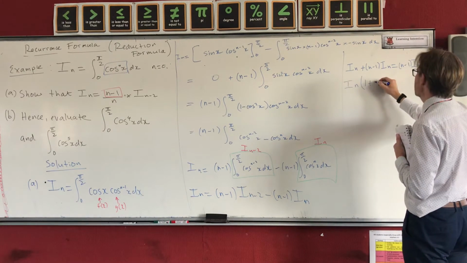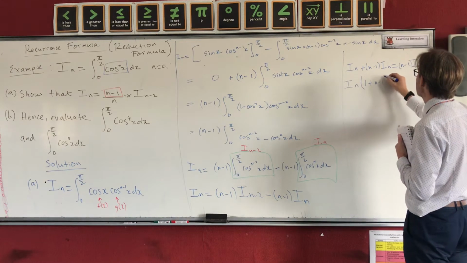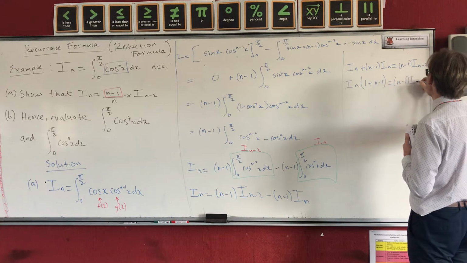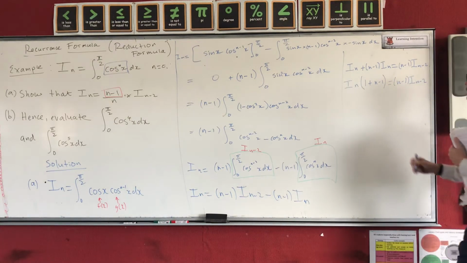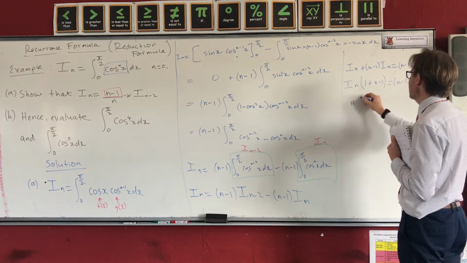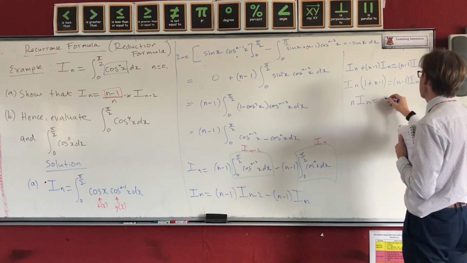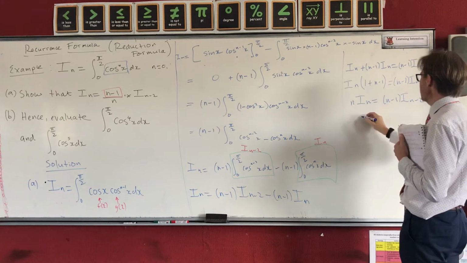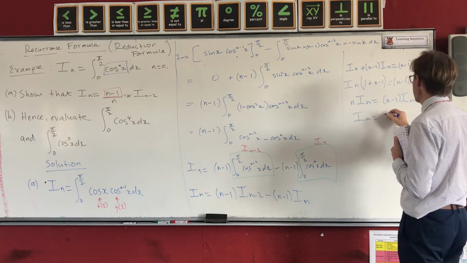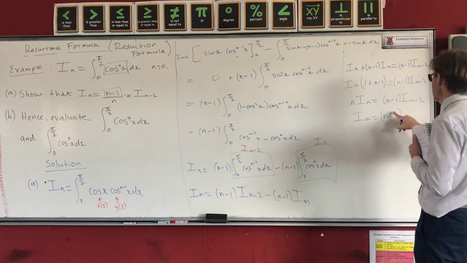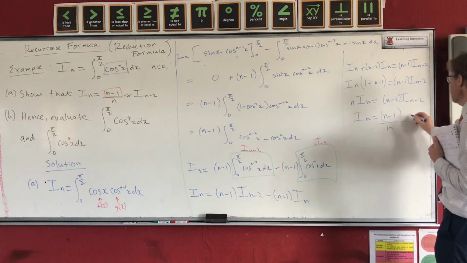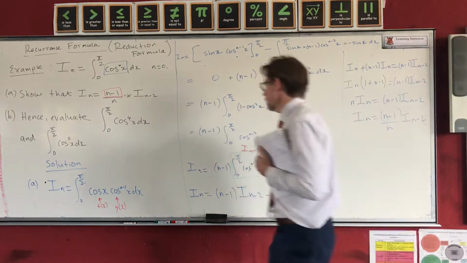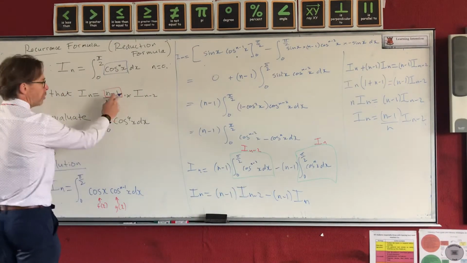It'll be (1 plus n minus 1) equals (n minus 1) In minus 2. So that's going to give me nIn equals (n minus 1) In minus 2, and then In equals (n minus 1) on n times In minus 2. And that is what we had to show.